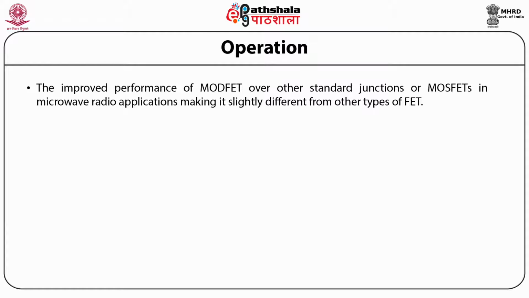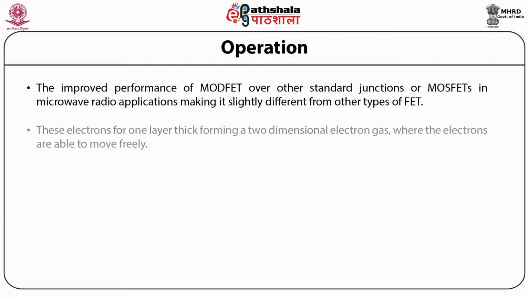There is a movement of electrons from the N-type region through the crystal lattice, and many of them remain close to the heterojunction. These electrons form one layer thick, forming a two-dimensional electron gas where the electrons are able to move freely.